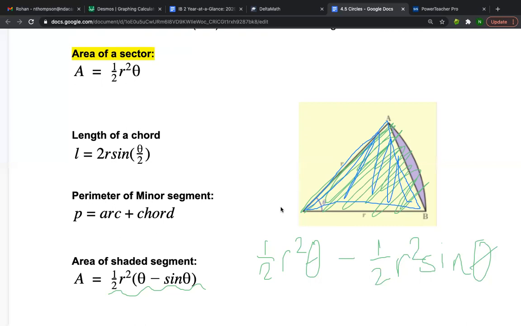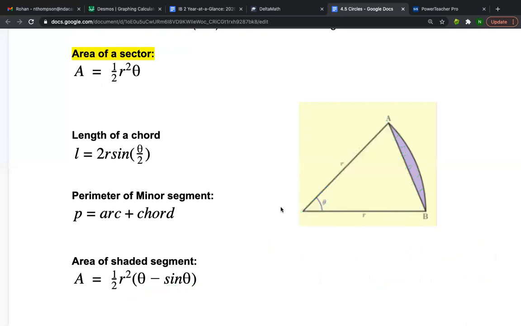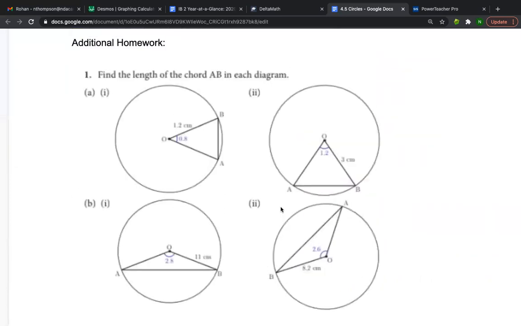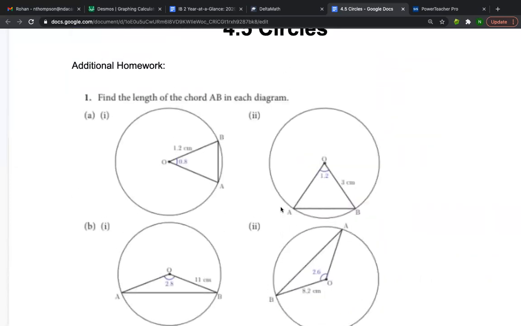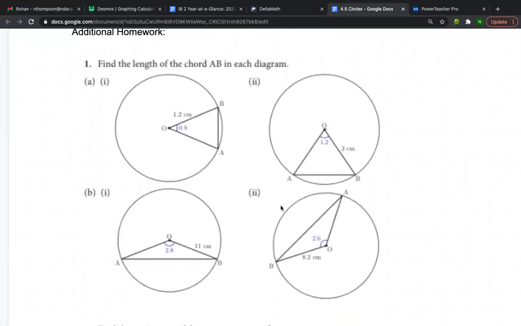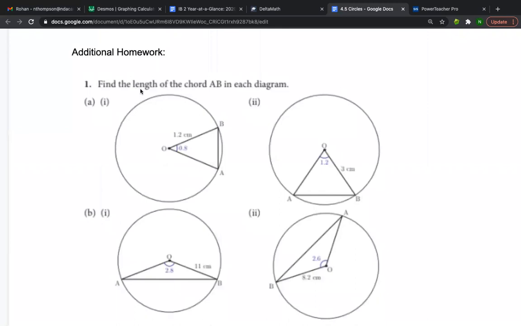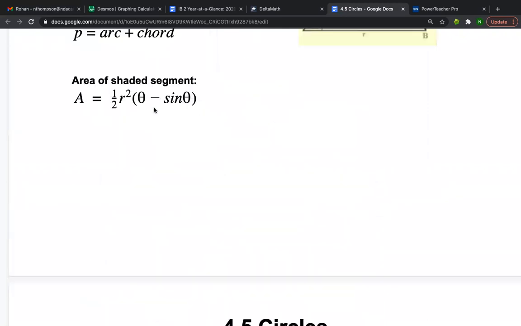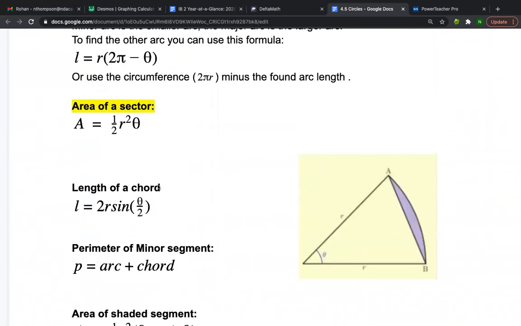Okay, so those are the notes for circles and concepts of circles. You can go ahead and move on to this additional homework. I posted Delta Math, but these are IB styled questions. IB does ask you to find the length of a chord. Again, they do not give you this length of a chord formula on the formula sheet, but you do know how to find it.